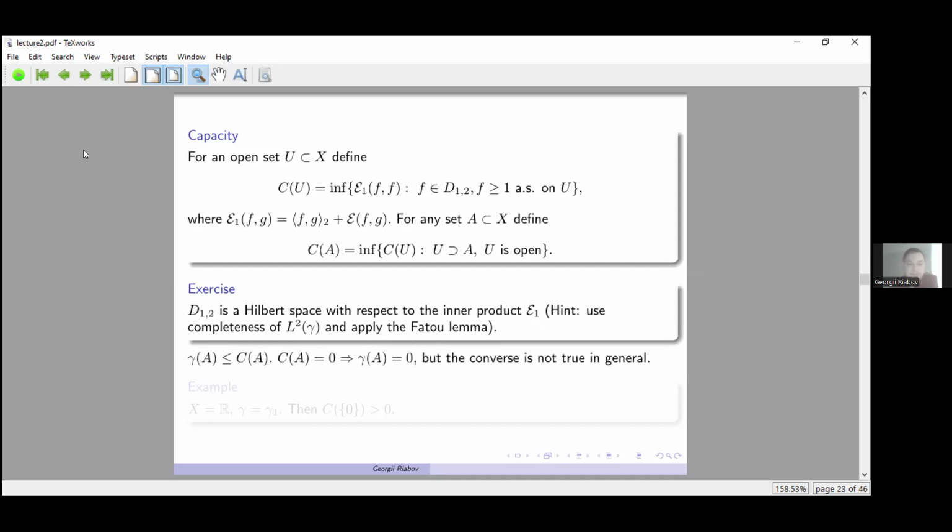And okay, so since we consider f that are greater or equal to 1, this thing is greater or equal to the norm of f squared.